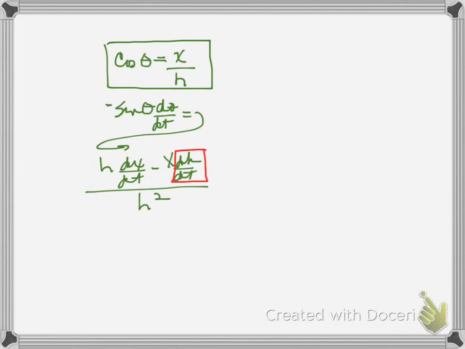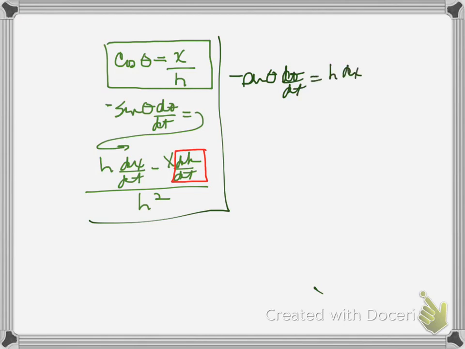Okay, so here's our little problem. Let's see how we're going to do this. So I'm going to draw a little line so that we don't confuse ourselves. So I know that I have negative sine theta d theta/dt equals h dx/dt minus x dh/dt all over h squared. So if I want to solve for dh/dt, I'm going to move some things around.